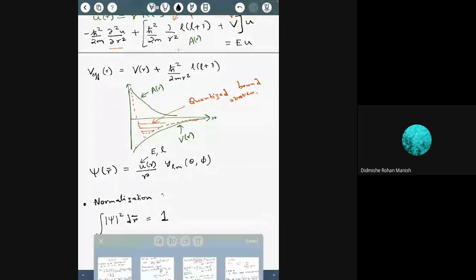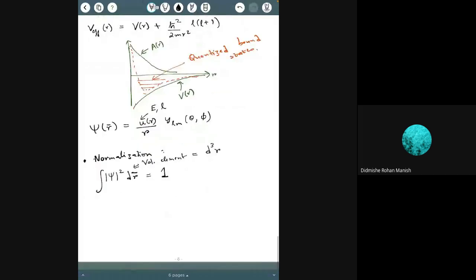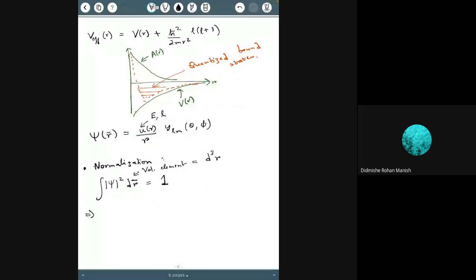This is a volume element. You write it with a vector, and you can also write it as d q bar if you like. This translates into an integral from 0 to infinity over r squared dr. This is again in spherical polar coordinates.